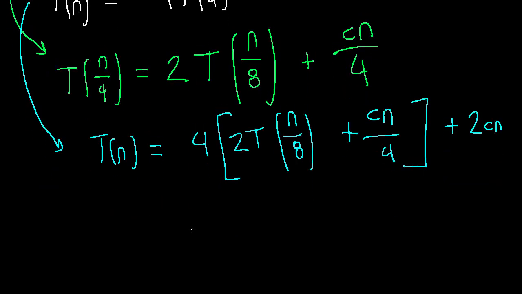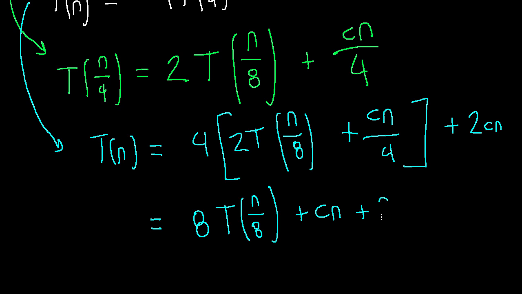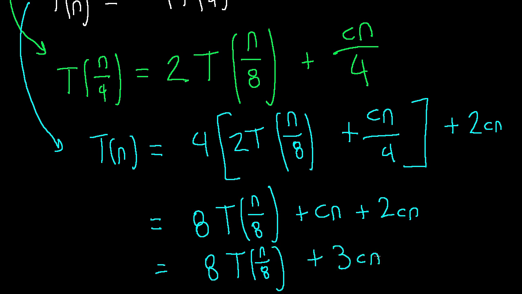And we will simplify that. This will be 8T n over 8 plus, this is just going to be c n plus the 2c n. We can put those together, so now we have 8 plus 3c n. And these are, of course, our T of n.